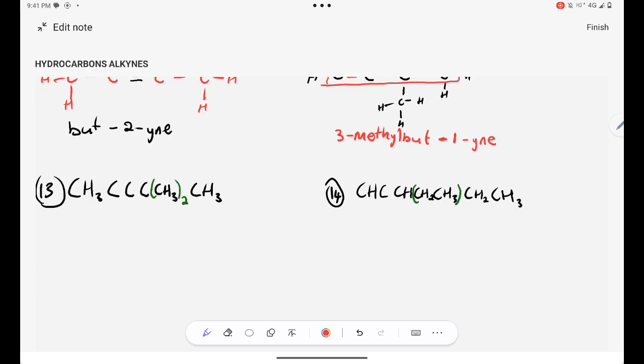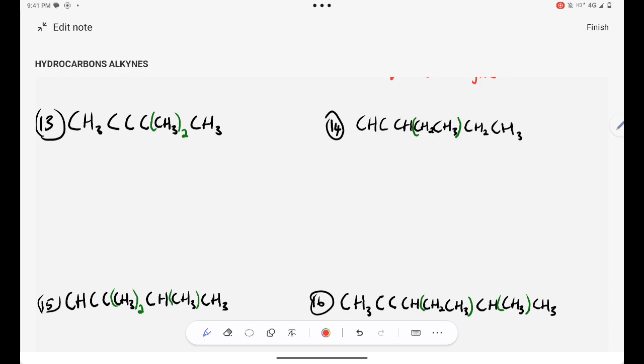Okay. For number 13, I have CH3. I have a C, another C. Okay, and then this one has CH3 by 2, and then a CH3 there. Just write your hydrogens.